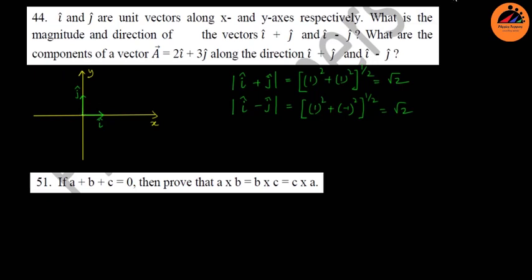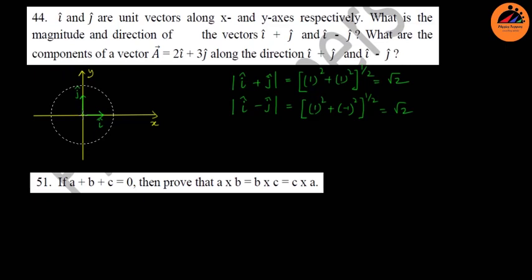So the direction of i plus j is, let me draw a circle, it will help you. The circle has a radius of root 2.